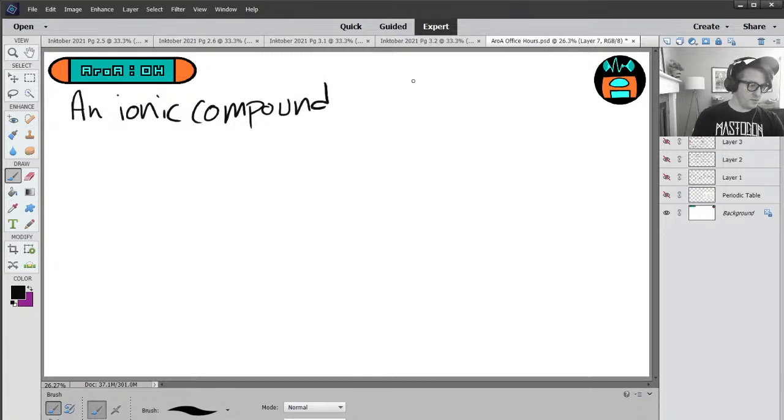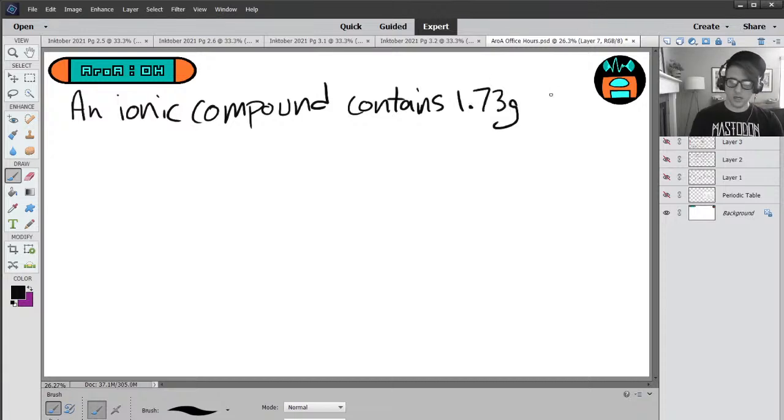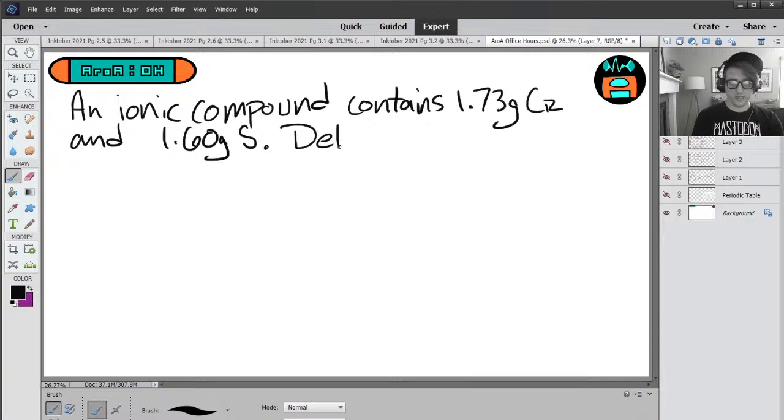An ionic compound contains 1.73 grams of chromium and 1.60 grams of sulfur. We're told to determine the empirical formula.